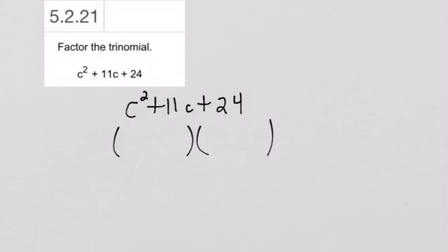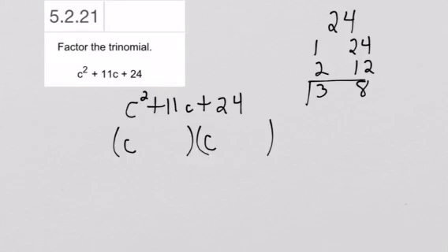I know my first term of each has to be c and c. Now I'm looking for two numbers that multiply to give me 24 and then add to give me 11. If you're struggling with these, I recommend going to the side and writing down your factors. So 1 and 24 doesn't work. 2 and 12 doesn't work. 3 and 8, well, there you go.